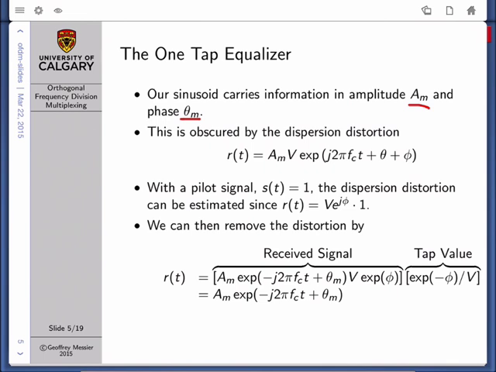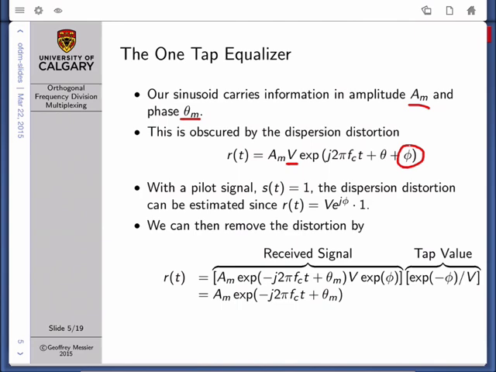However, our amplitude and phase is obscured in the dispersive channel by the magnitude term V and the phase distortion term phi. So we can remove this by using something called a one tap equalizer, because we can basically remove it by a single multiplication operation where each tap in an equalizer requires a multiplication. So that's where the name comes from.